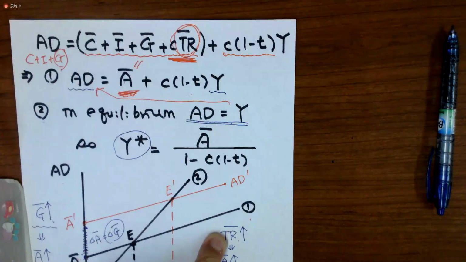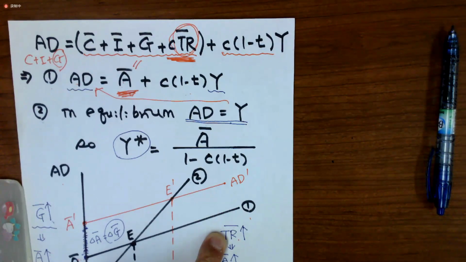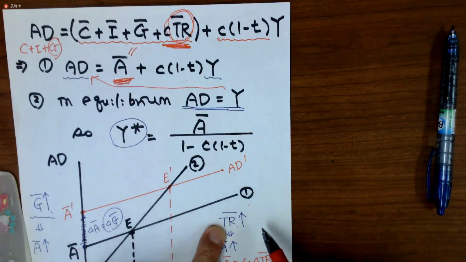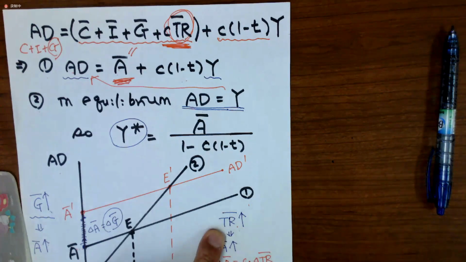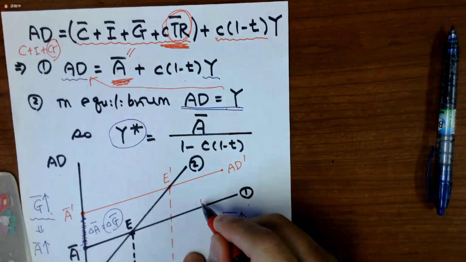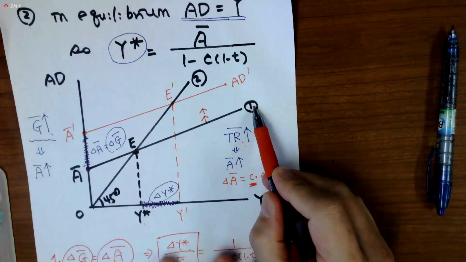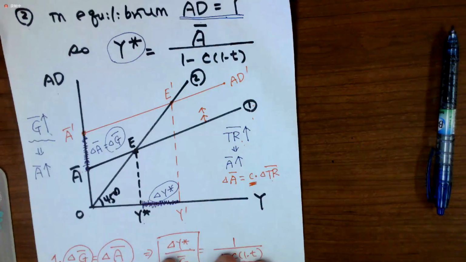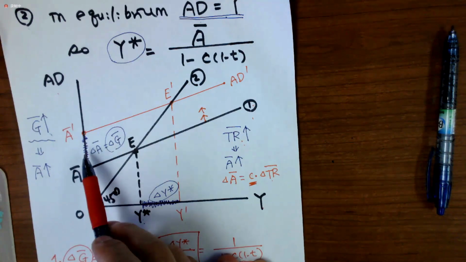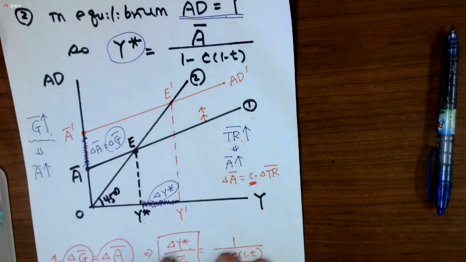Say yes. So when you have an increase in transfer payment, you will expect to see a parallel shift of equation 1 as well. Agree? Intercept goes up, slope doesn't change.